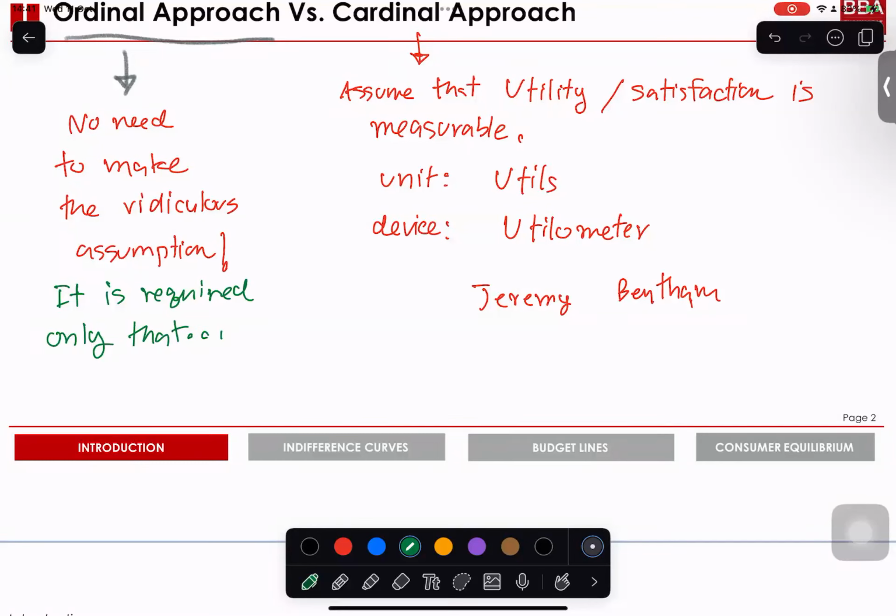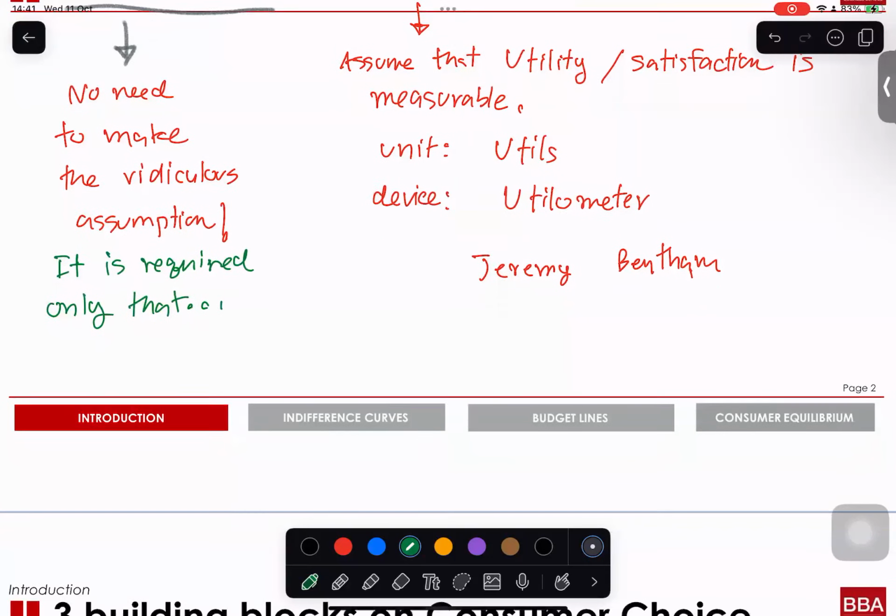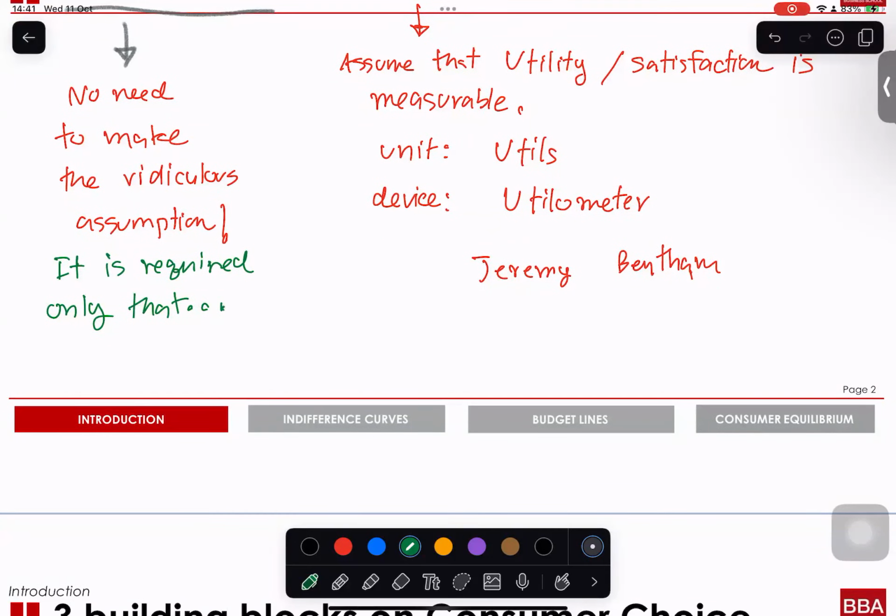But the two economists that you see their pictures, it is required only that the consumer can rank, can order, can say that, oh, I love this at the first rank, second rank, third rank. The consumer can rank their preference.